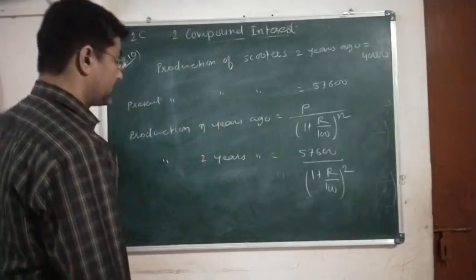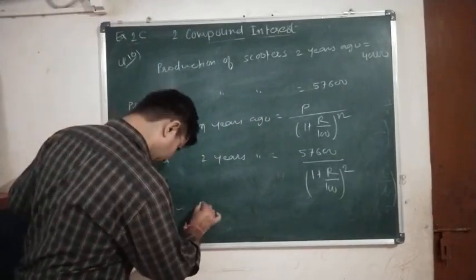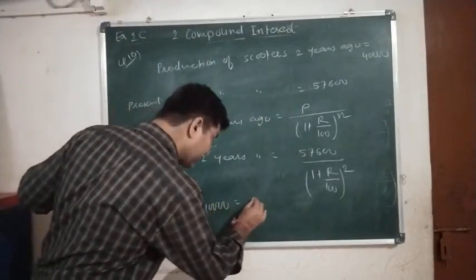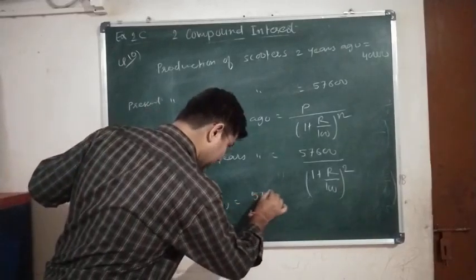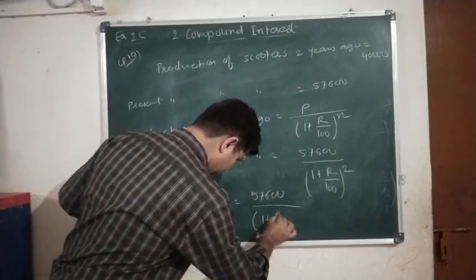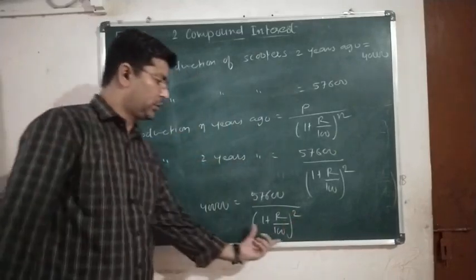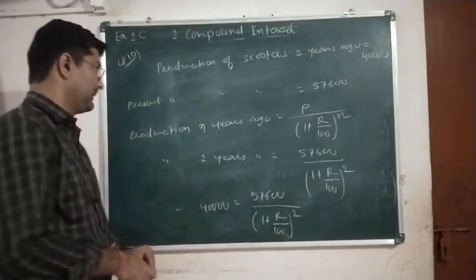Okay, now let us further simplify. Production 2 years ago is given, that is 40,000, is equal to 57600 into 1 plus r upon 100 raised to 2. Now this denominator will multiply on the left side.